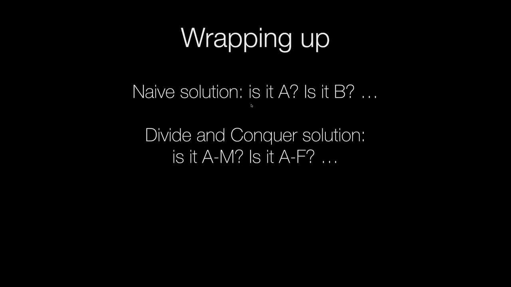Dividi et impera. Okay? We didn't invent that, we computer scientists. Who invented that? The Romans. Okay? The Romans. The Roman Empire applied that all the time for conquering the foreign lands.